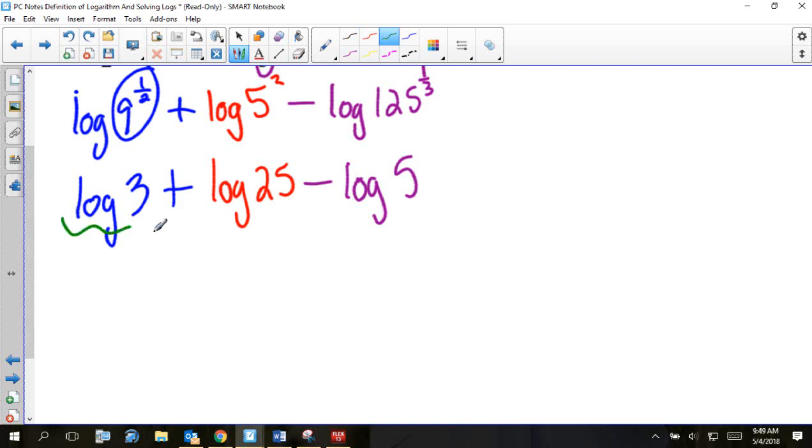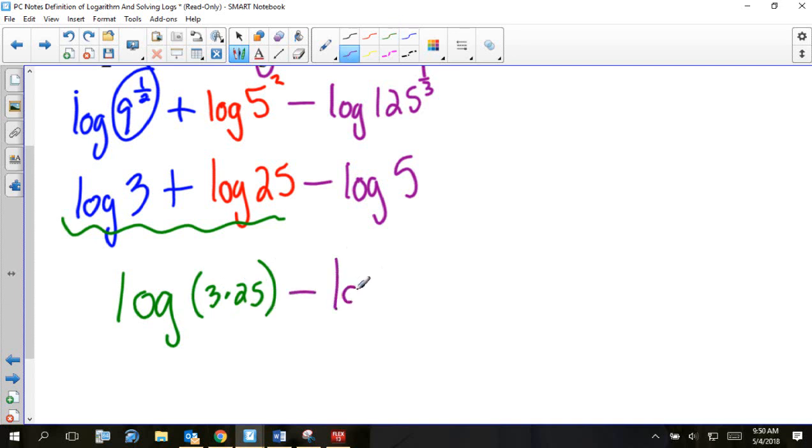So right here, if I have addition in between these 2 separate logarithms, I'm going to write it as 1 logarithm. But what do I do to what I'm taking the log of? Multiply 3 times 25. And you guys can write 75. I'm leaving it like that for notes. I will write 75 in a moment.